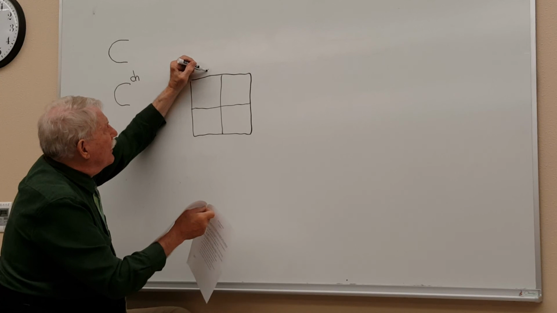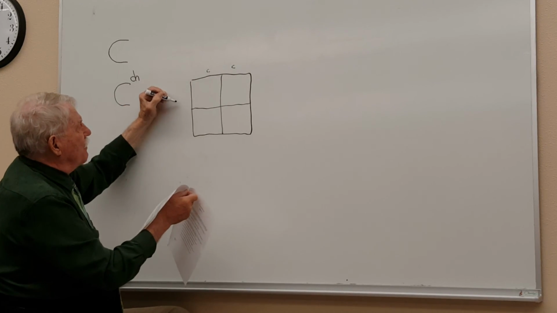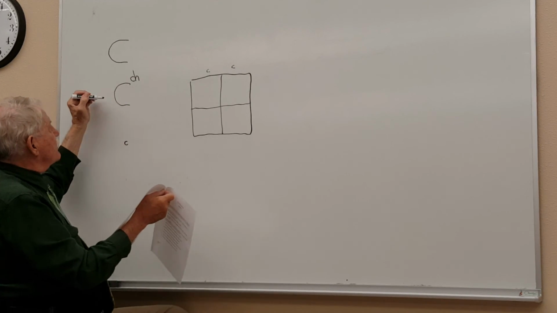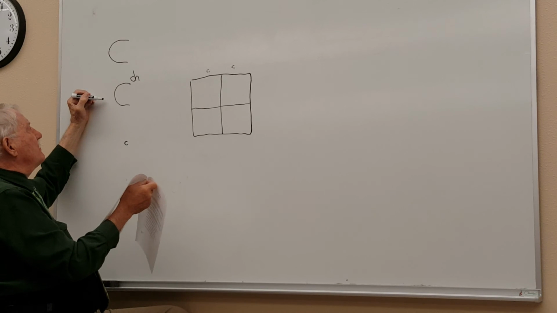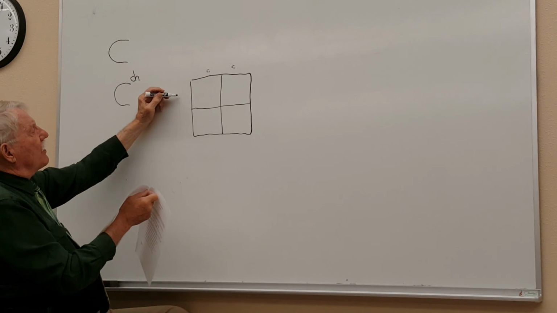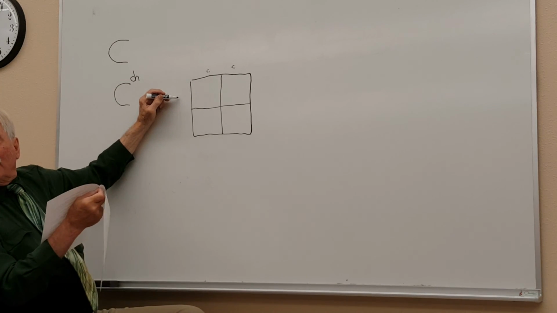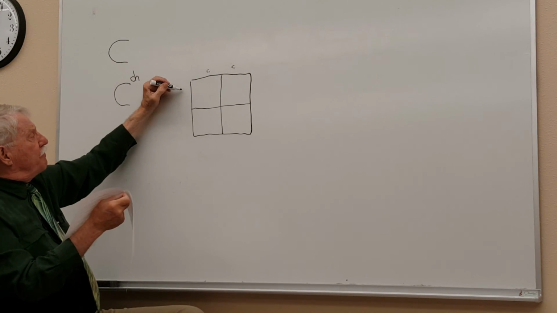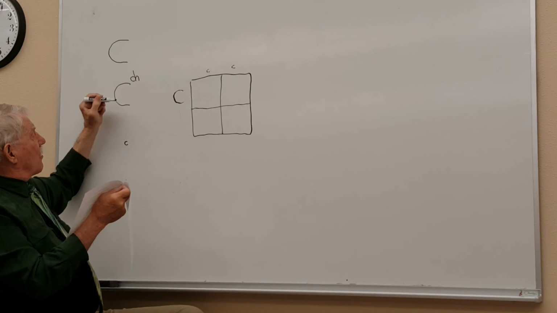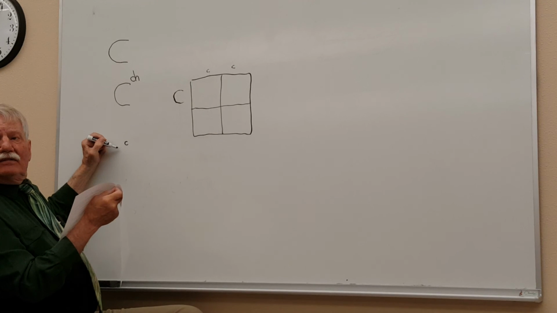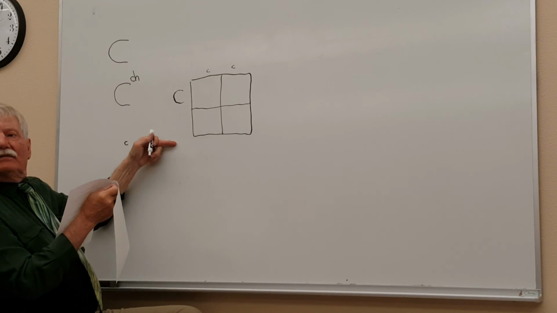We know that the white one had to be little c, right? But since this one dominates over that one, we don't know whether this full colored individual was homozygous or heterozygous. This one could have been big C with this or with that. And in both cases, you'd get a full colored rabbit, wouldn't it?